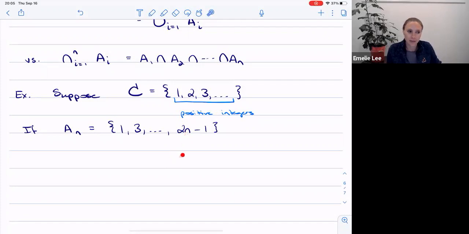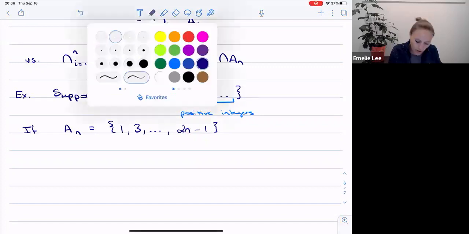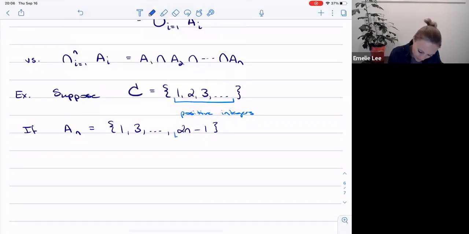And that's going to come up later, but I'm telling you n is a positive integer: 1, 2, 3, 4, 5, 6. So if I multiply 2 times 1, I get 2, minus 1 puts me at 1. 2 times 2 is 4, minus 1 is 3. 2 times 3 is 6, minus 1 is 5. And so that's how we develop odd numbers in general.